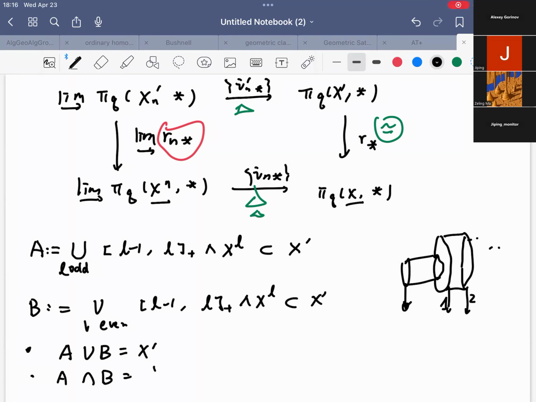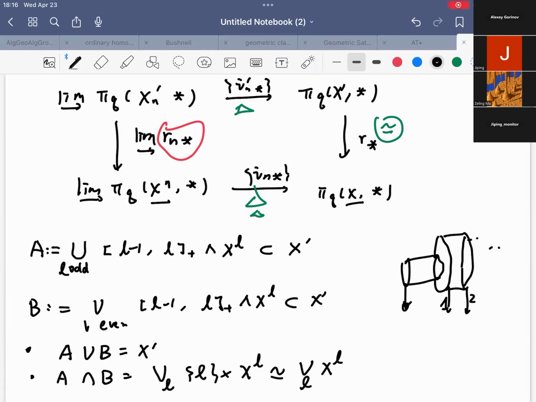So the intersection is the wedge product of the X_L, which is isomorphic to the wedge of X_L.